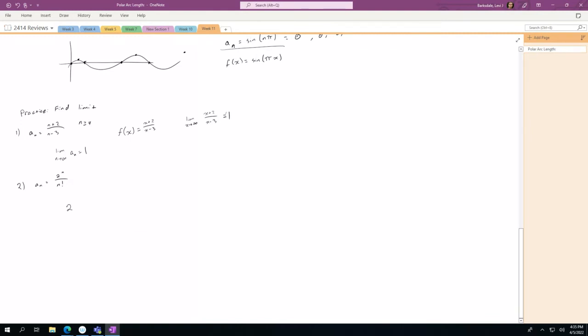Right, so you've got 2 to the n. Let's just write out the fifth term. We're going to have 2 times 2 times 2 times 2 times 2. That's 2 to the fifth. And on the bottom, we're going to have 5 times 4 times 3 times 2 times 1, right? Okay. Well, what we can do is start pairing things up.